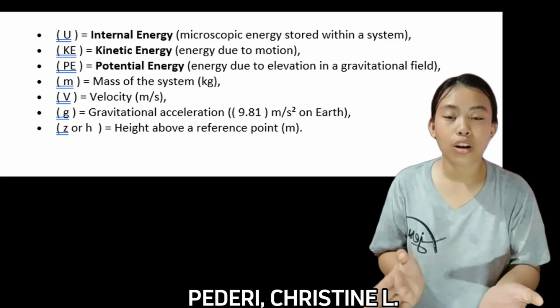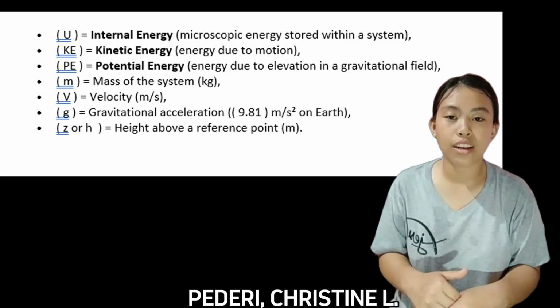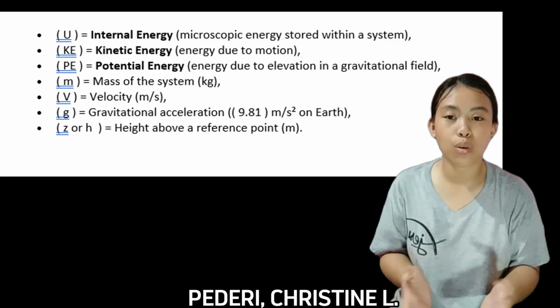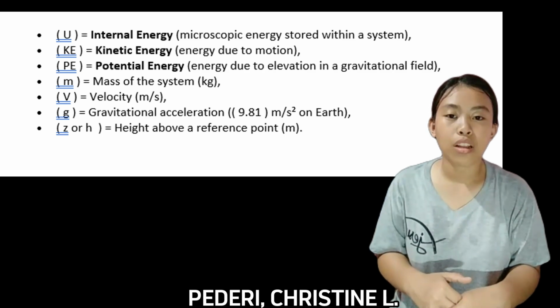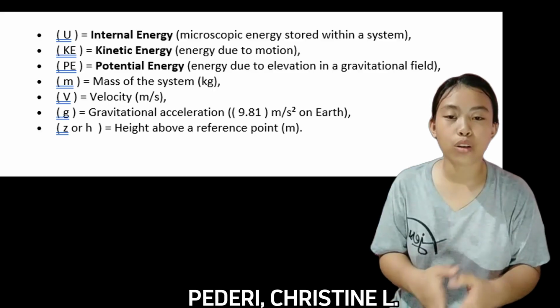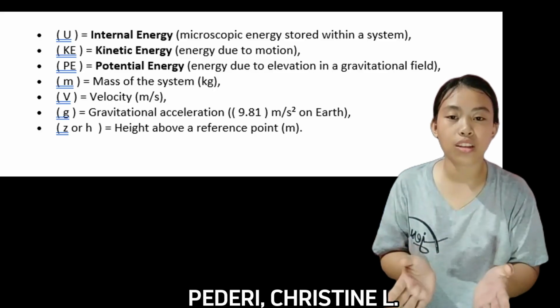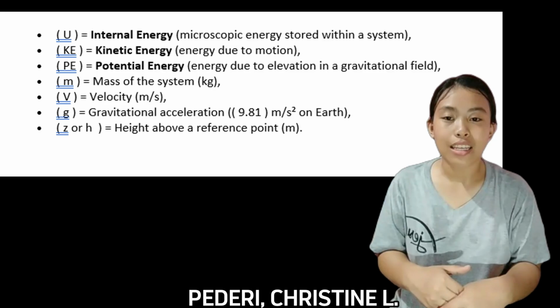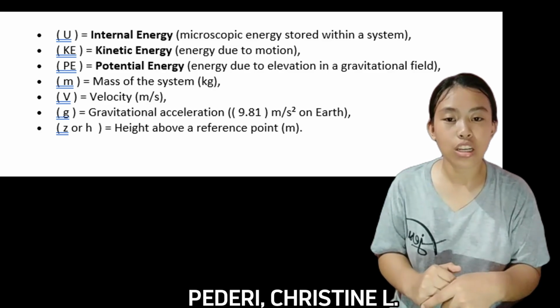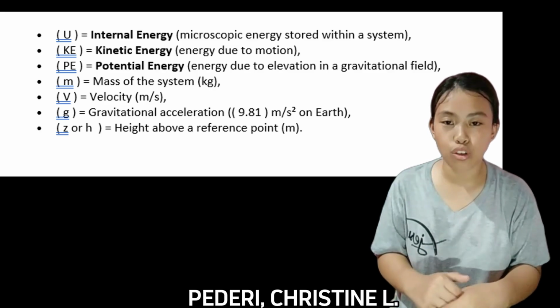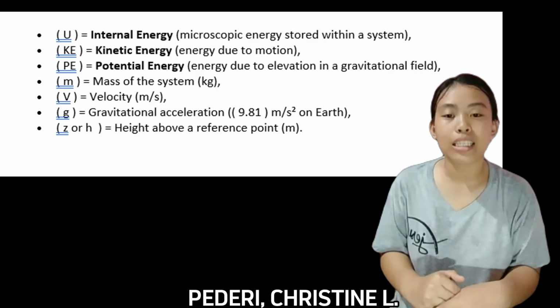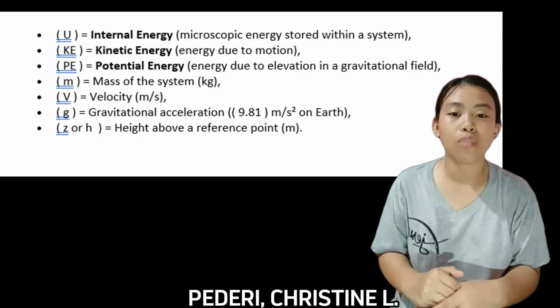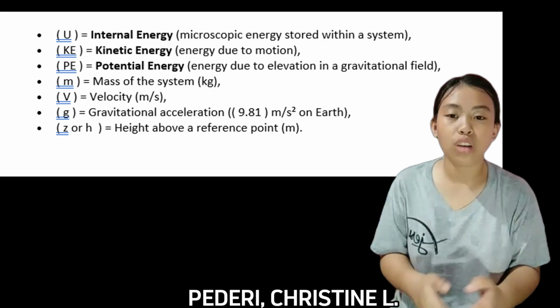So E, or capital letter E, stands for total energy measured in kilojoules or kJ. Capital letter U, also called the internal energy or the microscopic energy stored within a system. KE is kinetic energy or the energy due to motion, and letter PE is potential energy, energy due to elevation in a gravitational field.